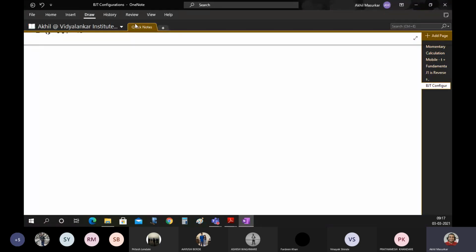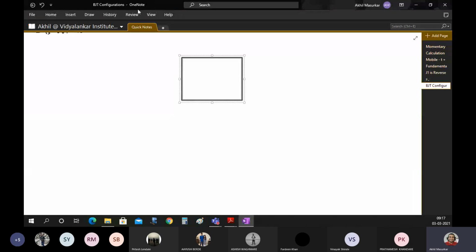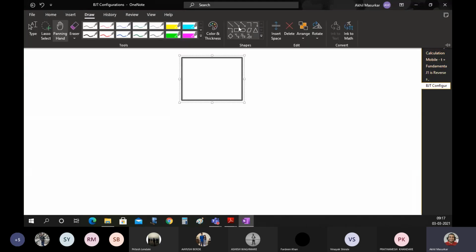I am drawing four block diagrams, or rather four blocks, three blocks, sorry, not four. So you also draw like this with me.